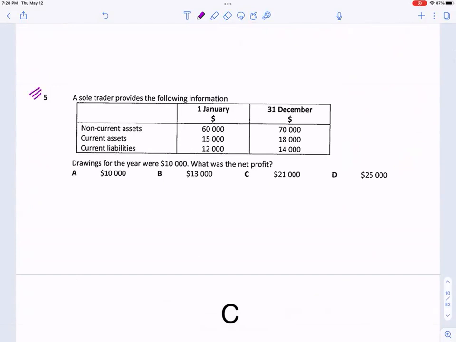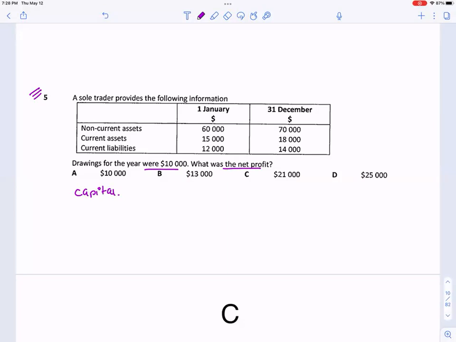Come on, the fifth one. They want you to find the net profit. They've given you drawings. So when they give you drawings, they should also give you what? Capital, so that I can prepare the capital account format.